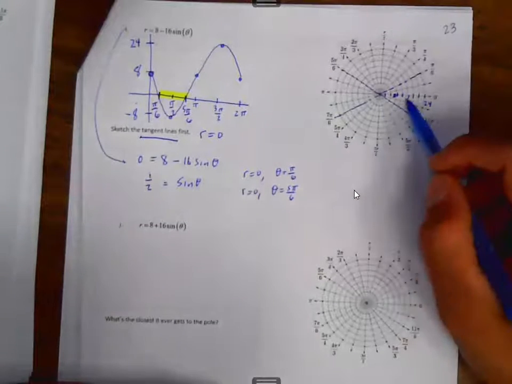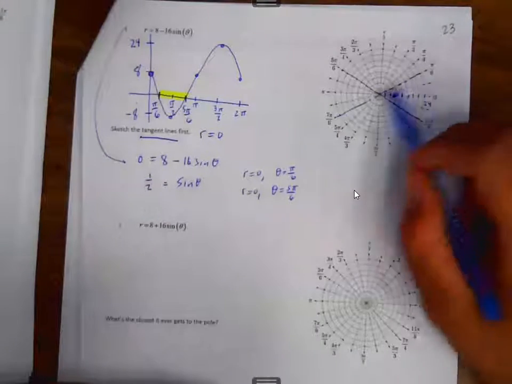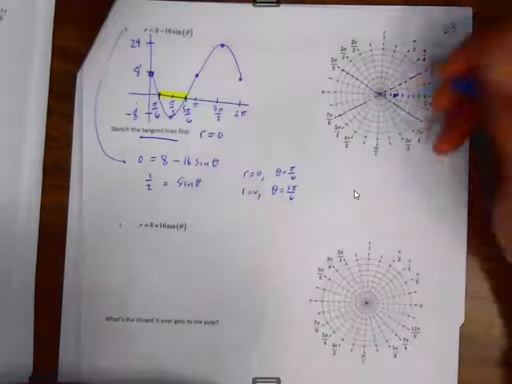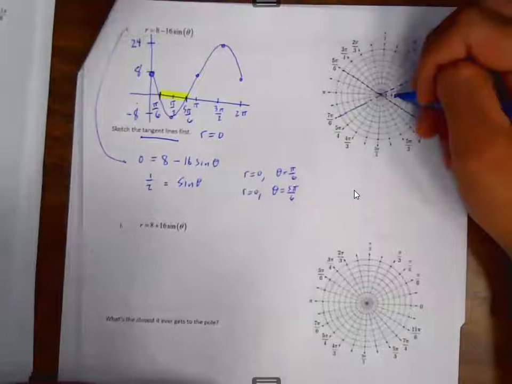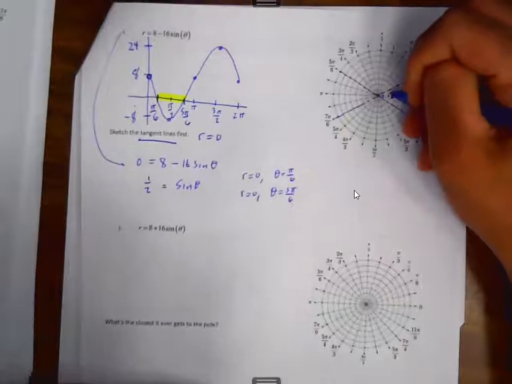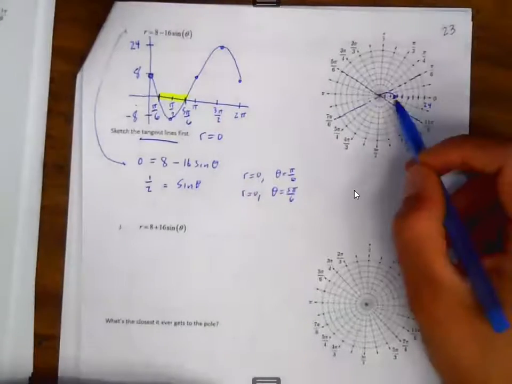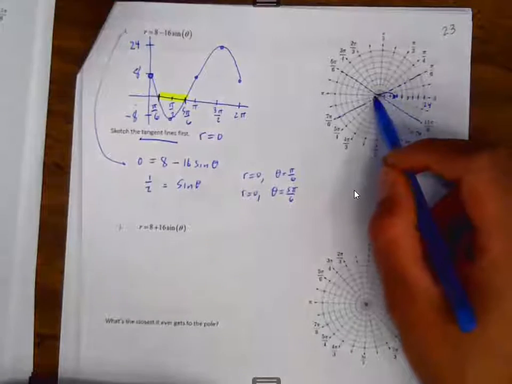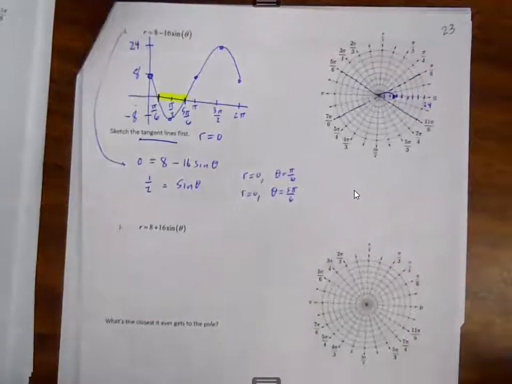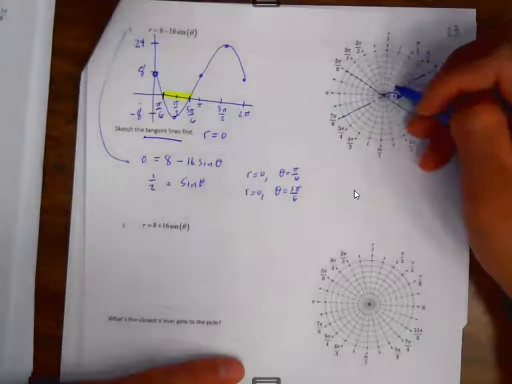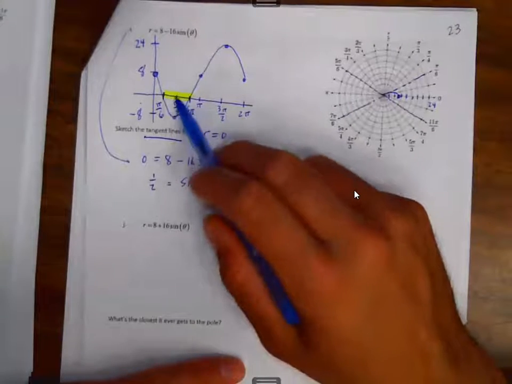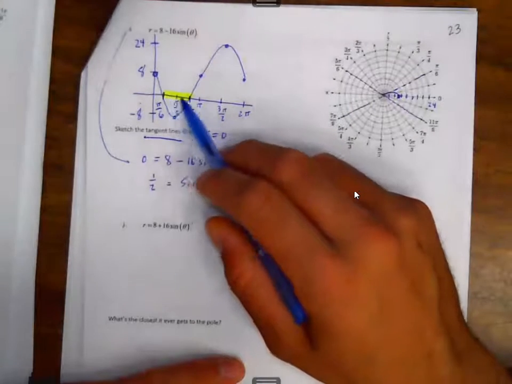All right, now from 0 to pi over 6, r is going to decrease from 8 to 0. It's tough because there's not a lot of room, but you got to get closer to the tangent line. So as you rotate from 0 to pi over 6, you're coming in towards the pole. And then from pi over 6 to 90, we see that r is becoming more negative.